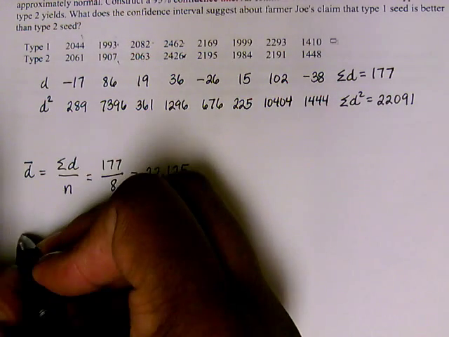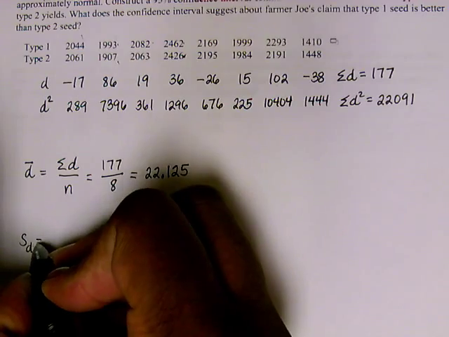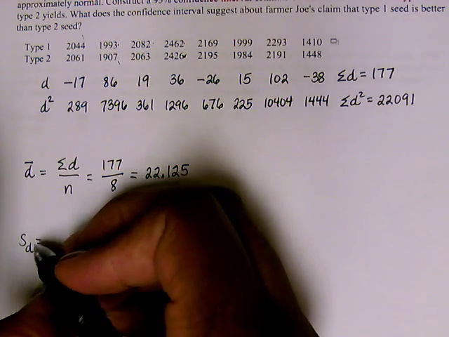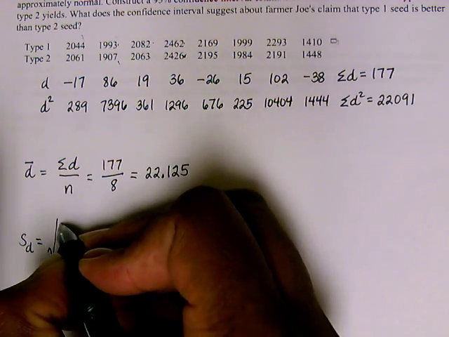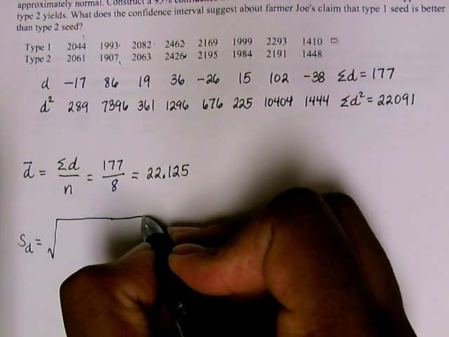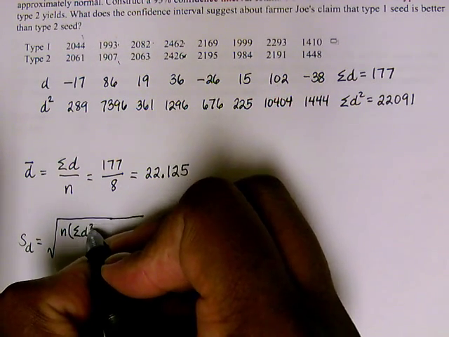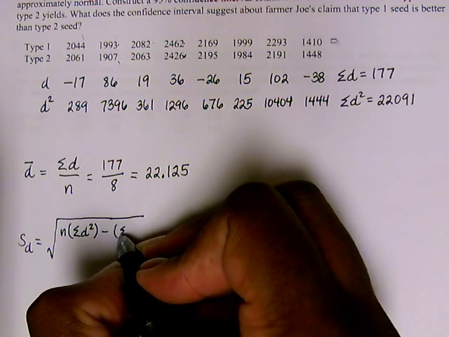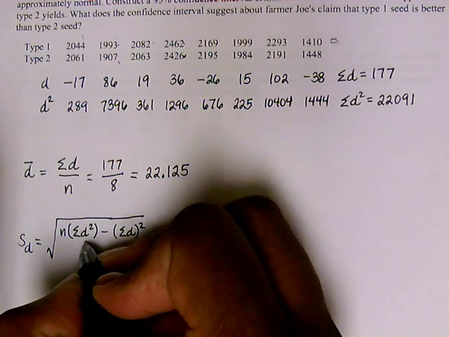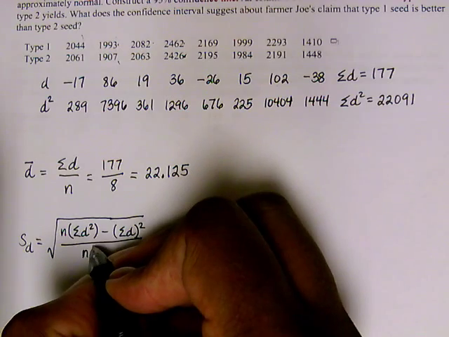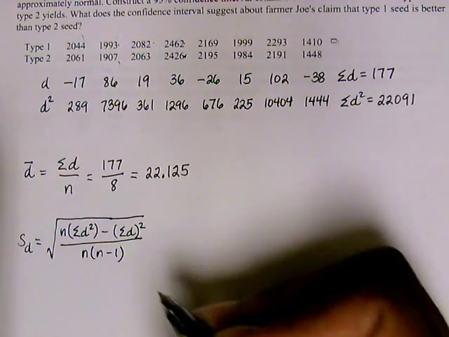Now s of d, that's the standard deviation of your differences for this sample. That's the square root of n times the sum of your d squares minus the sum of your d's squared, over n times n minus 1.